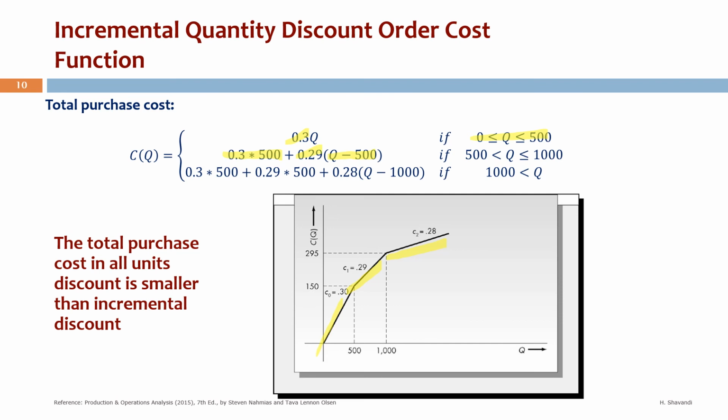And again, if we go over 1,000, then the first 500 will be based on 30 cents, the second 500 will be based on 29 cents, and the units over 1,000 will be based on 28 cents. So this is called the incremental quantity discount model. In the next part, we will have the detailed models for all units and incremental discount models. Okay, thank you.